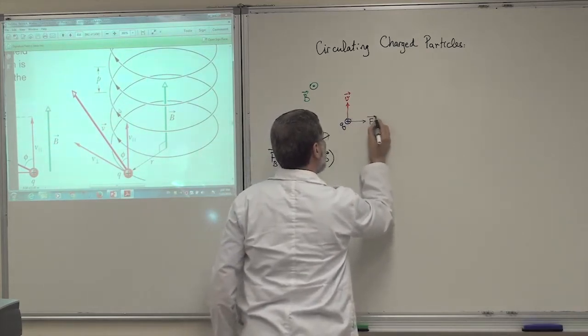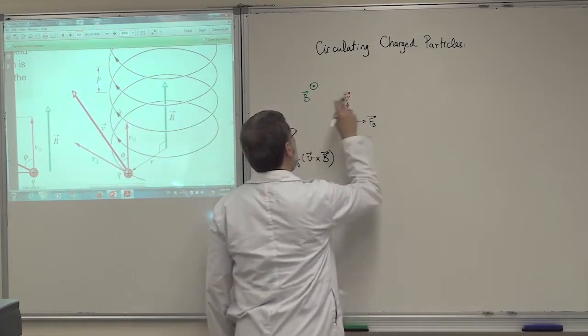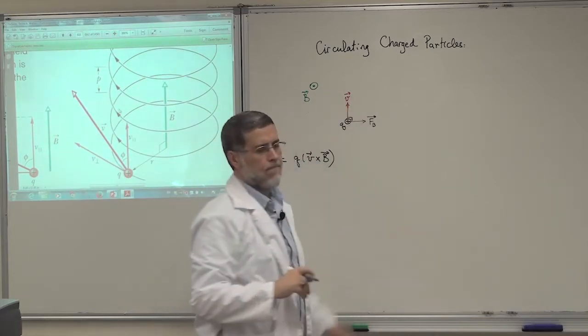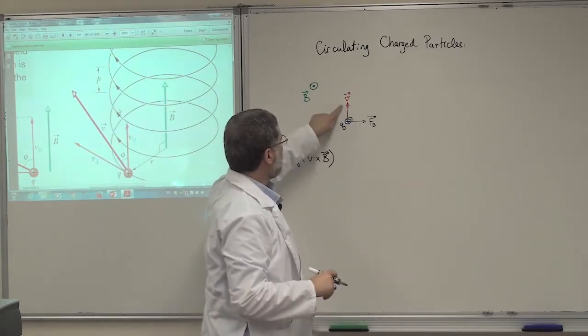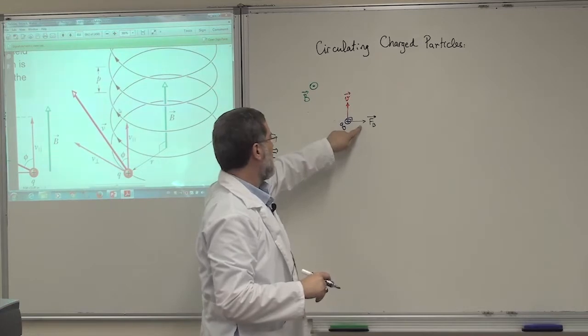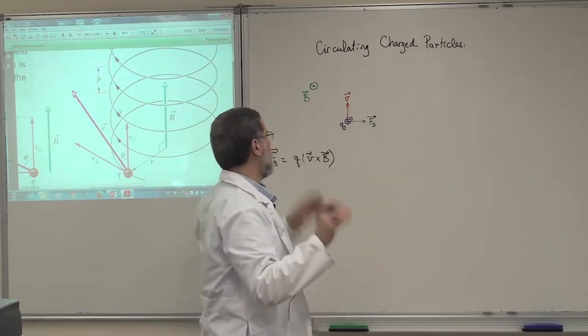That's FB. And the angle here is 90 degrees, because V and B are perpendicular. We said that V has no component along FB, remember? With 90 degrees between them, the component of V along FB is zero.